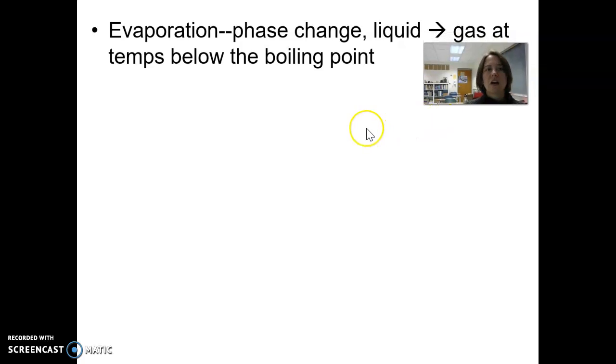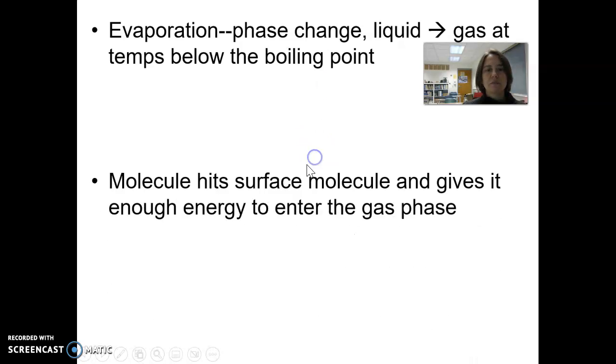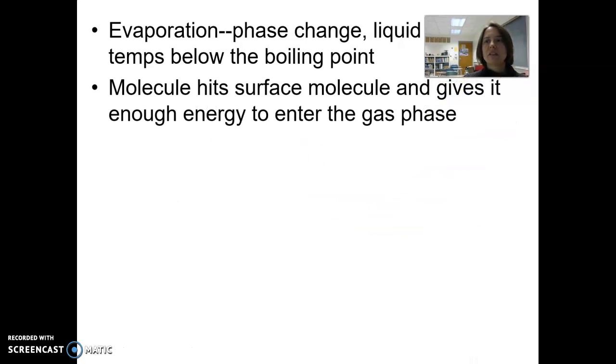All right, please write this down. Evaporation is the phase change between a liquid to a gas at a temperature below the boiling point. So when it's at the boiling point, we call that boiling, but evaporation is also liquid to gas, but it happens at lower temperatures. So how can you boil water when it's not hot enough to boil?